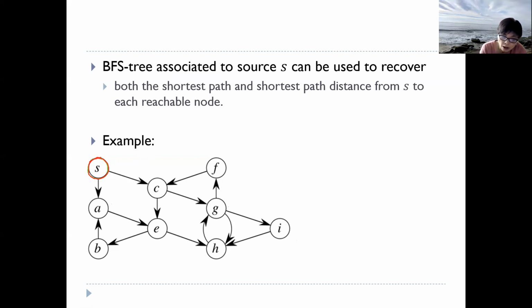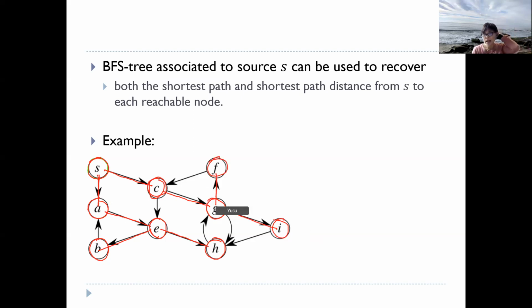The predecessor for A is S. The predecessor for C is S as well. The predecessor for E is A, and the predecessor for B is E. The predecessor for G is C, and the predecessor for H is also E, and the predecessor for I is G, and the predecessor for F is G.